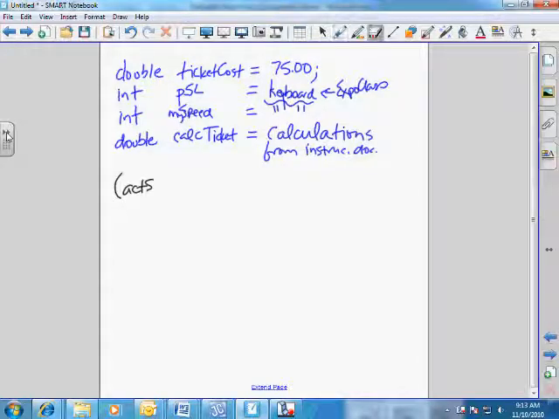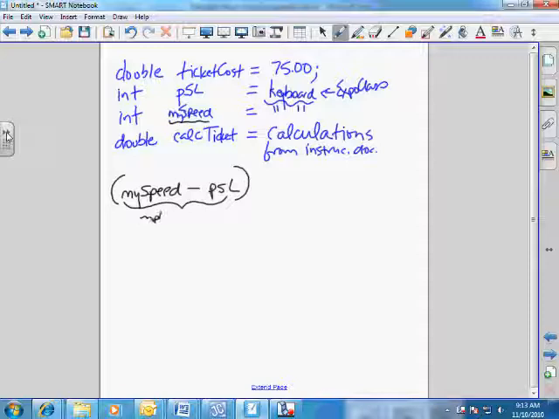Here, wait, let's call it the names that I have up here. So my speed, in parentheses, minus the posted speed limit, and what does that give you? Very good. So this gives you miles per hour over, right?